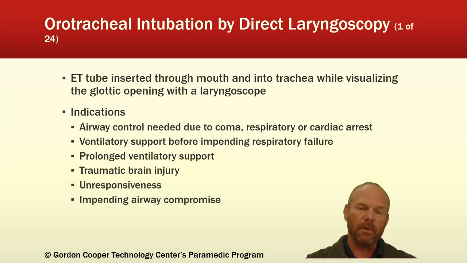And then, of course, unresponsive patients who can't protect their own airway. Also when an impending airway compromise is expected, and we're talking about burns or trauma or things that might obstruct the airway, that's going to be a good time too.